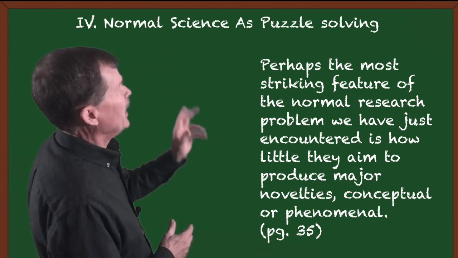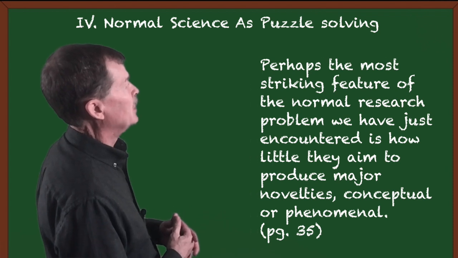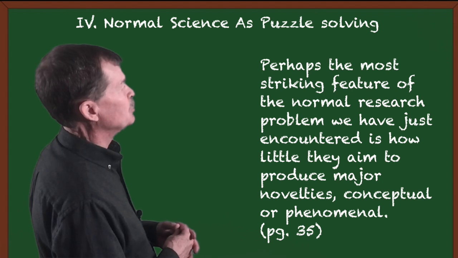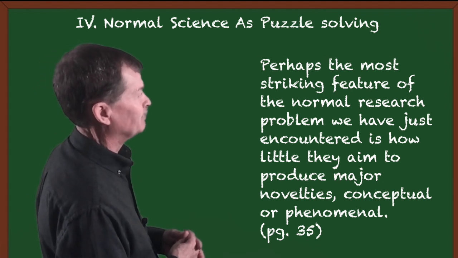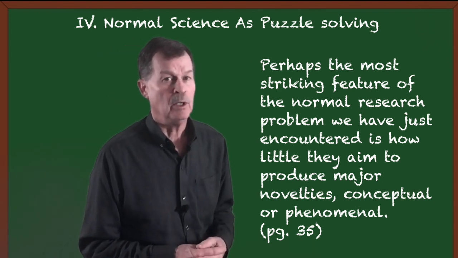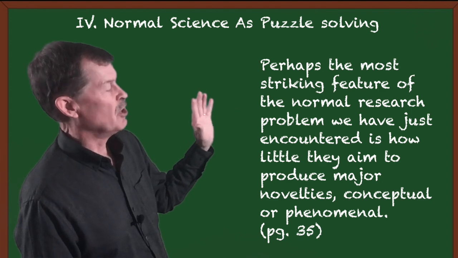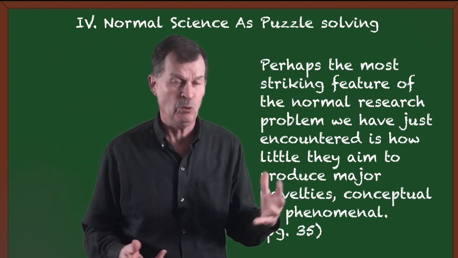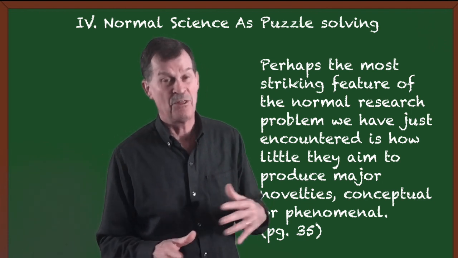And so he says, perhaps the most striking feature of the normal research problems we have just encountered is how little they aim to produce major novelties, conceptual or phenomenal. Okay, why? Well, because if your aim is to produce major novelties, then that might also bring with it a change of paradigm or a change of theory.